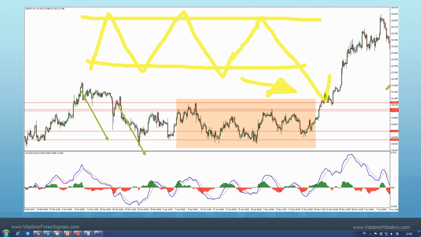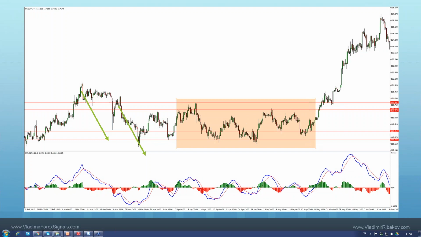So if we observe this example, we had one false break, another false break, another false break, right? And another attempt for a false break. That means the next breakout, down or up, in that case up, would be reliable and flying up. Of course, that's not a mandatory rule. That's how reliable breakouts normally happen.